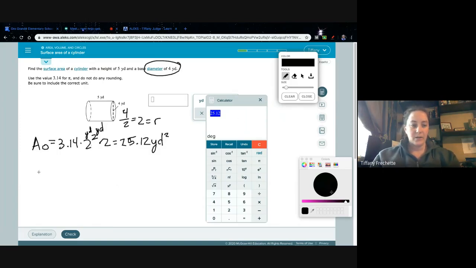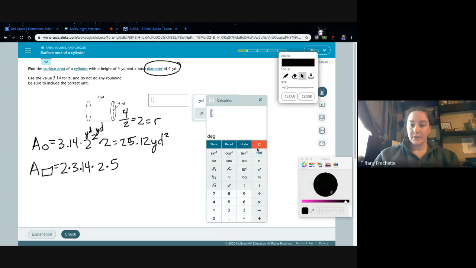Okay, so let's do the area of that rectangular piece. So we have circumference, which I know I deleted that equation, so I am hoping that you wrote it down. So we get 2 times pi times r, which is 2. So this is circumference, 2 times pi times r, and then we need to multiply by the height of our cylinder.